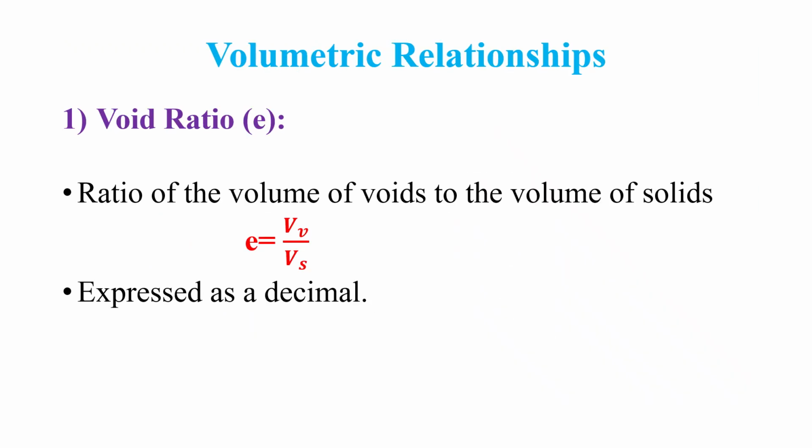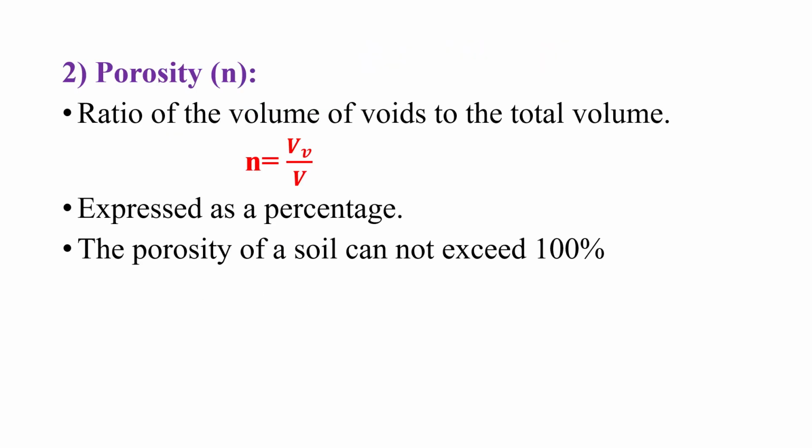Based on the concepts we learned now, let us see some useful volumetric relationships. First one is void ratio e. It is the ratio of volume of voids to the volume of solids. It is usually expressed as a decimal value. Example, void ratio e equal to 0.5. Porosity n.